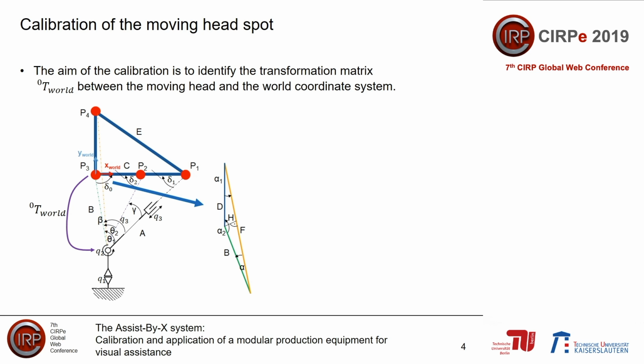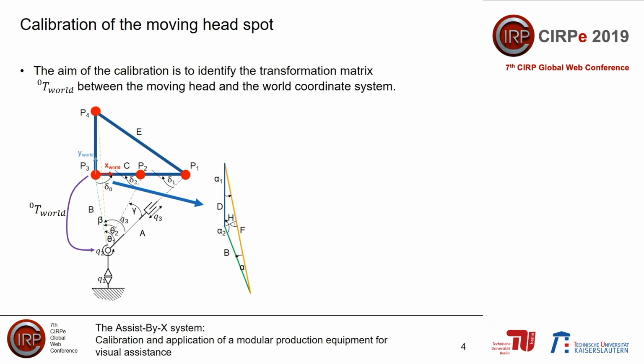Due to the inaccuracies in the system, P3 is assumed to lie on the x-axis of the world coordinate system and deviate with a small error from its origin. P1 and P4 lie on the x and y axis of the world coordinate system respectively. The z-axis of the world coordinate system, z world to 0, with respect to the moving head coordinate system, is the normalized cross product of the vector r P3 to P1 with respect to 0 and r P3 to P4 with respect to 0.